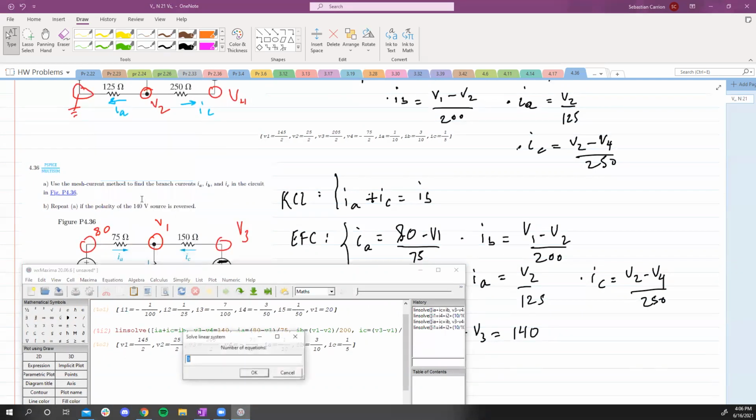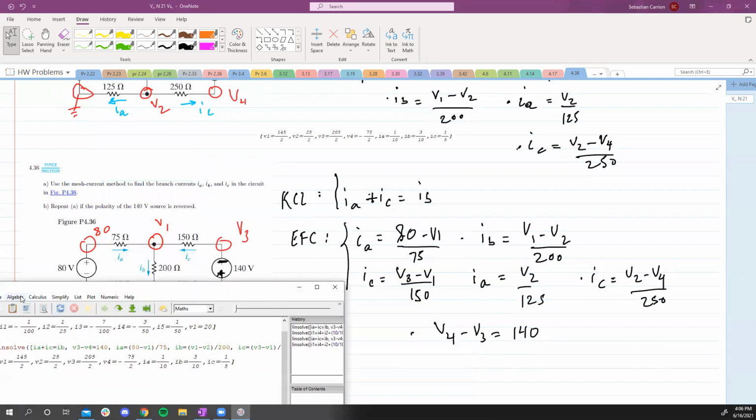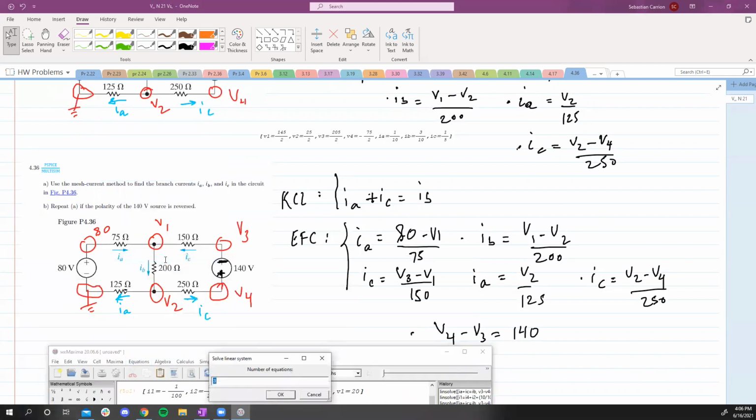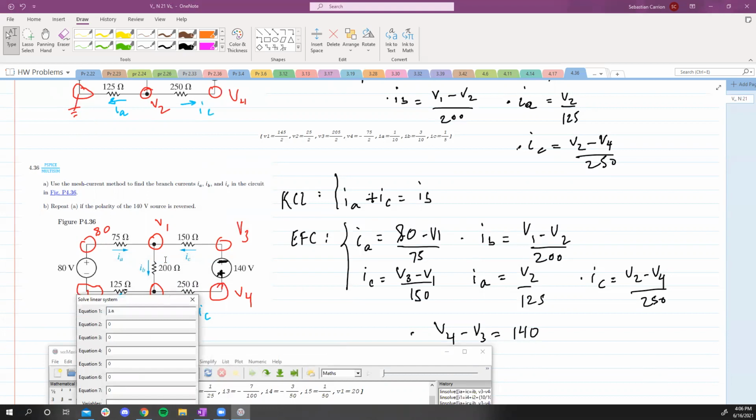IB equals V1 minus V2 over 200. IC equals V3 minus V1 over 150.